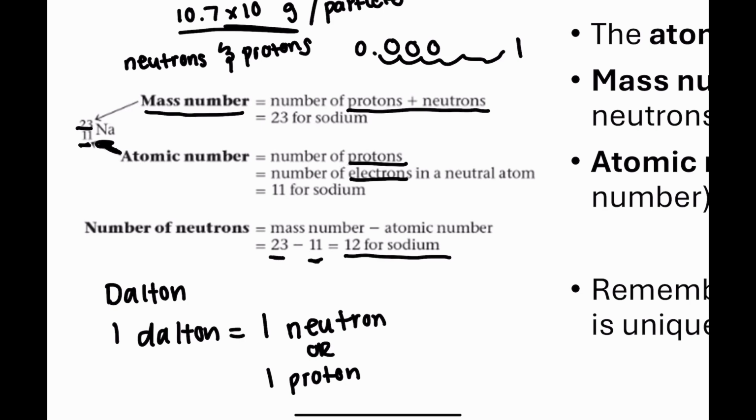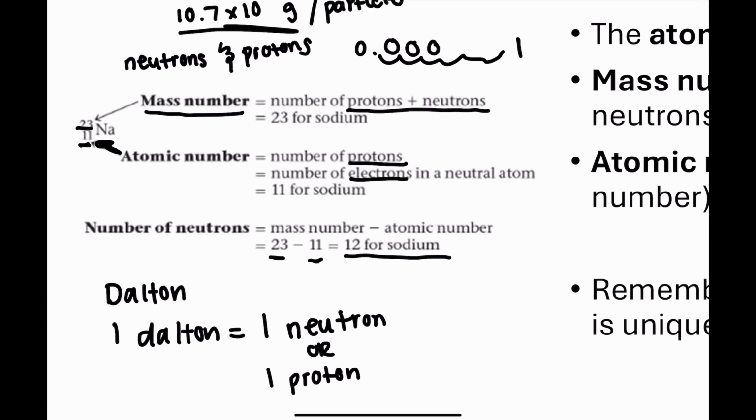Something really important to note is that unless otherwise indicated, an atom will always have an equal number of protons and electrons. Because protons and electrons are in the same quantity and have opposite charges, the atom is going to have no net charge.